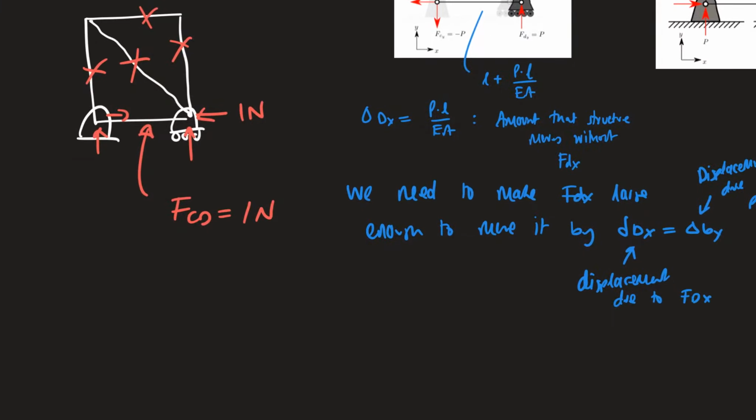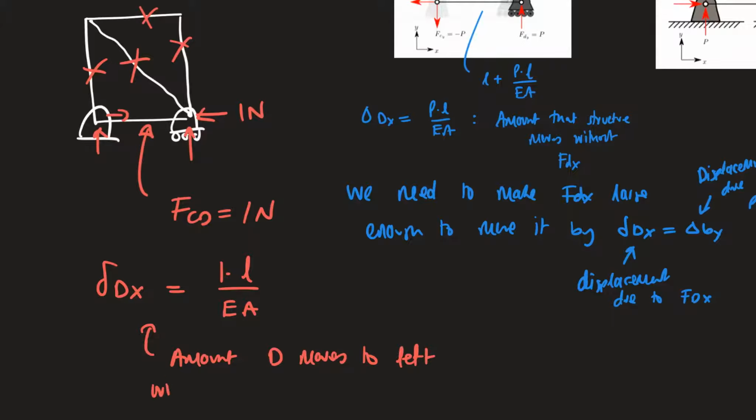So we could say that the displacement in this member due to a single unit force, delta dx, is equal to 1 multiplied by L on EA. That's the amount D moves to the left with FDY equal to 1 Newton.